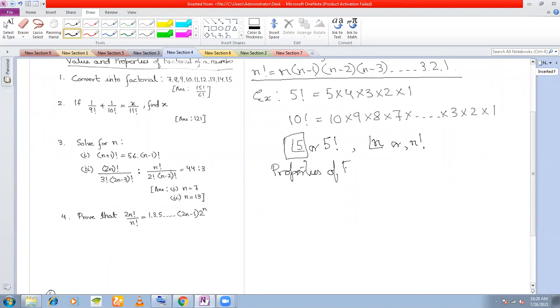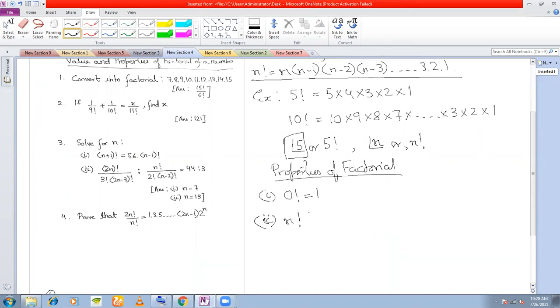Properties of factorial. The first property is that 0 factorial is defined as 1. And secondly, you have factorial n.